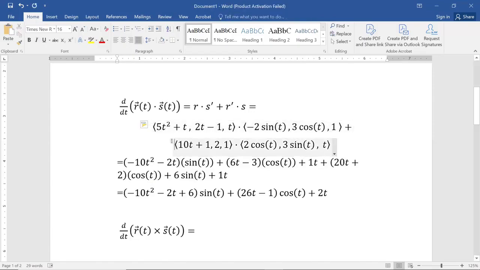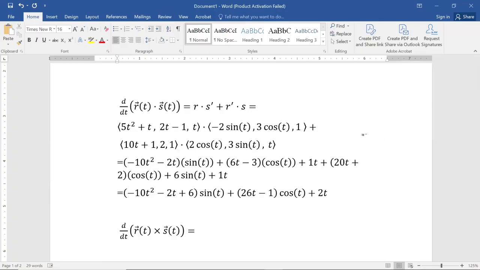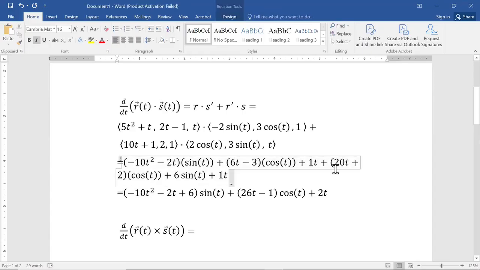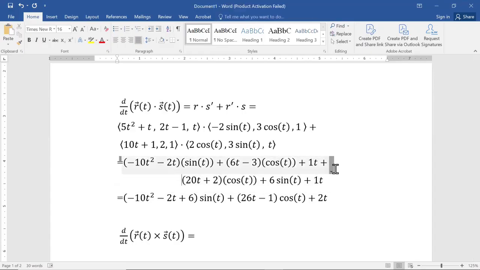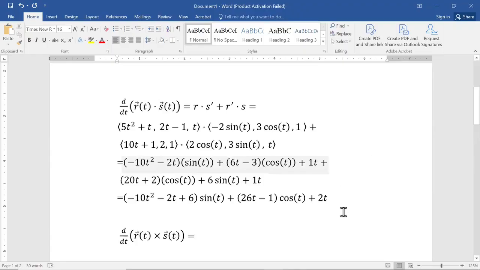Maybe it's easier to see this way, but that's what's happening. A lot of simplification going on. Hopefully that makes sense.